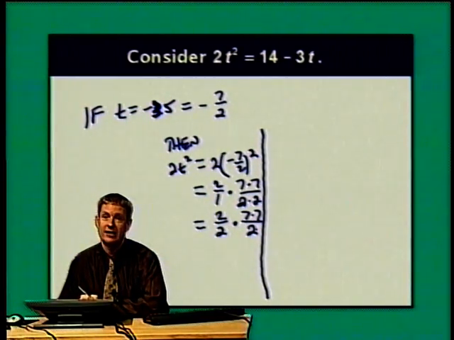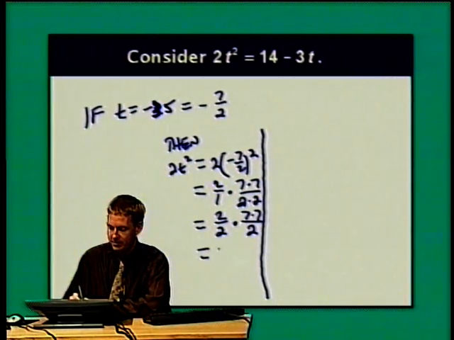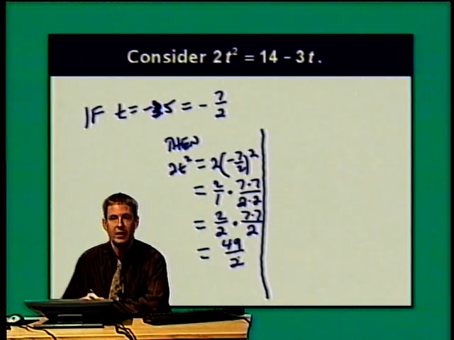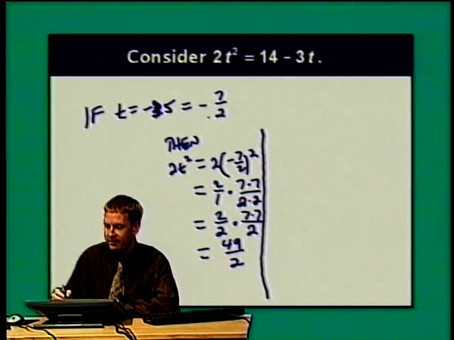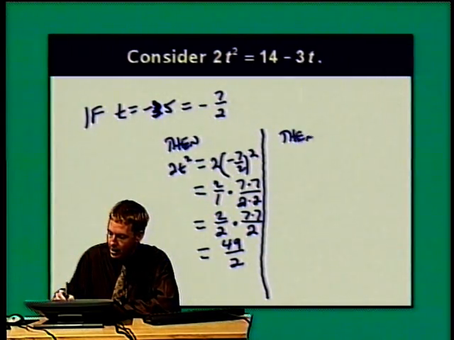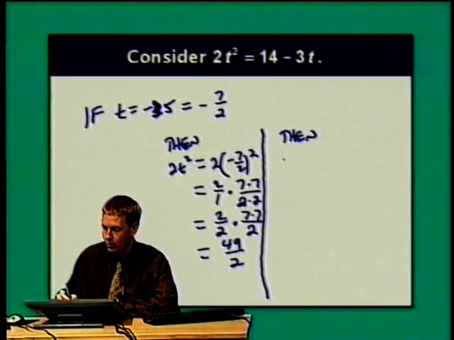Multiplying 1 by 7 times 7 over 2 just gives me 49/2.